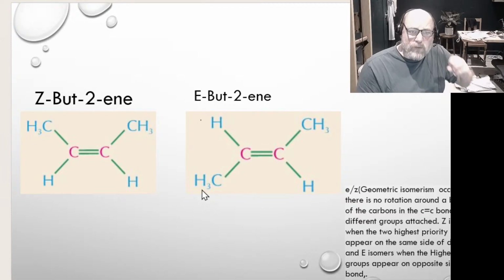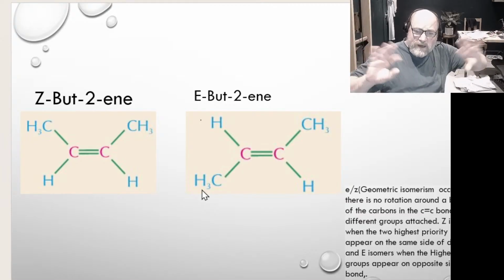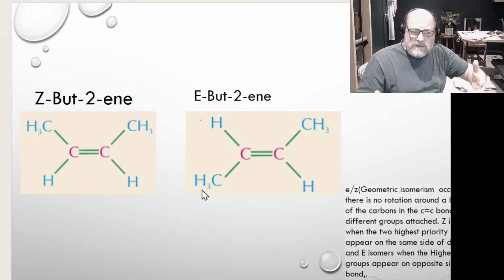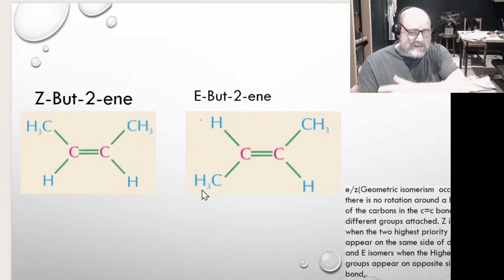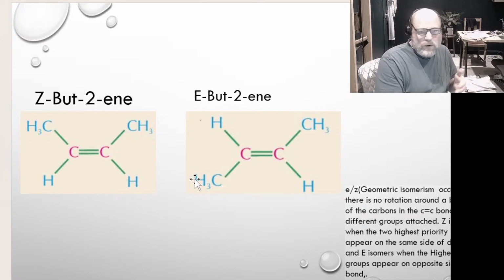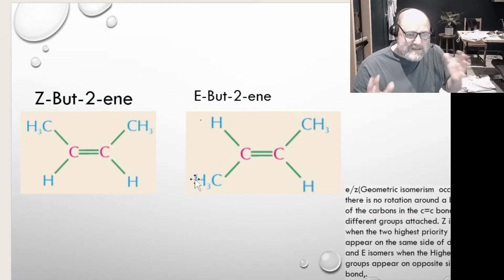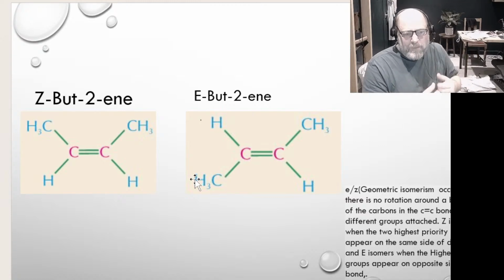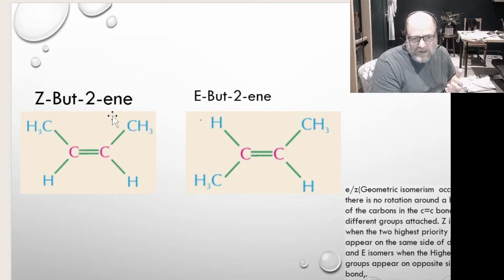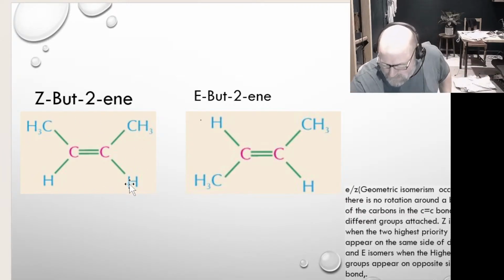But it turns out there are other geometric isomers that we couldn't label like that, cis and trans, and so we have to use E/Z isomerism, which means that even if you don't have two identical groups like this and this, you can number it with four completely different groups, as we're going to do.